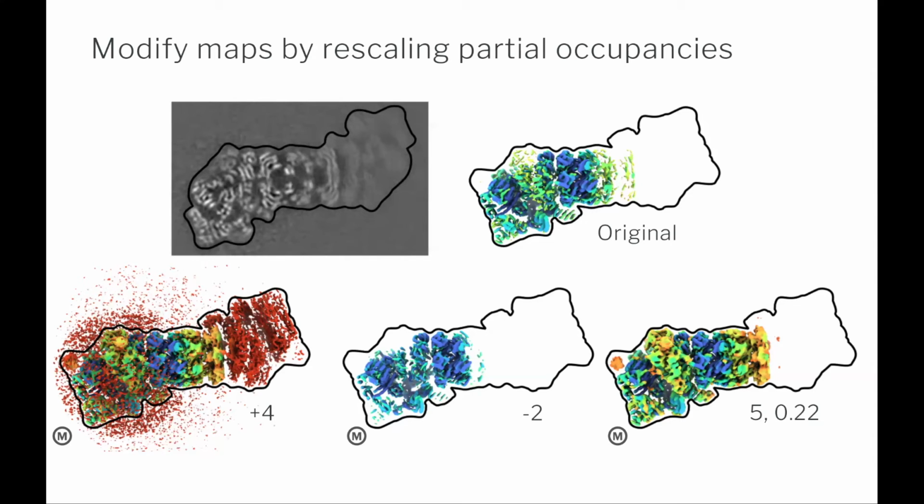So the original reconstruction has some variation, but when we've amplified, we've effectively said, okay, some of these particles have all of these constituents, and this is what that would look like. Some of them don't have all of these constituents, and if we take away the lowest occupancy components, this is what it would look like. And on the far right, you see somewhere in between.